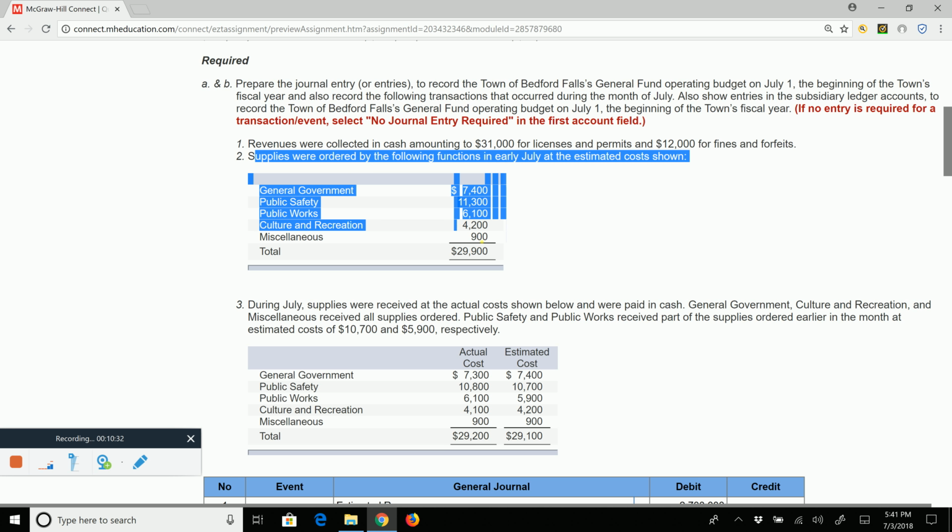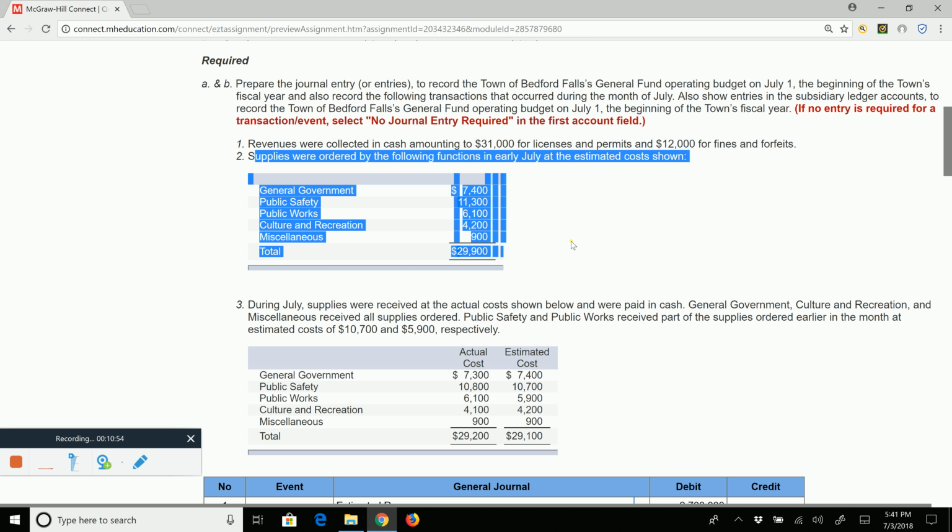All right, next journal entry. Supplies were ordered. So all we did was order supplies. We didn't receive supplies. We didn't pay for supplies. All we did was put in an order. So effectively, what did we do? We issued purchase orders to our vendors to say, hey, we would like to buy $29,900 worth of supplies.